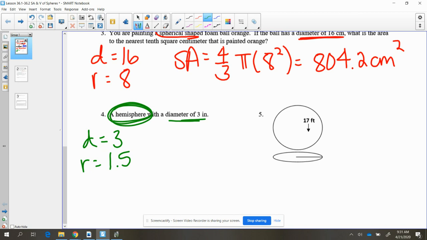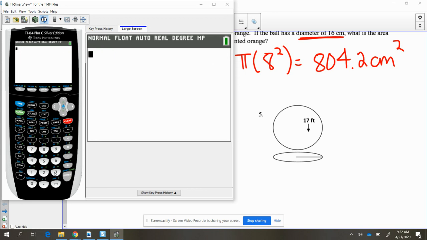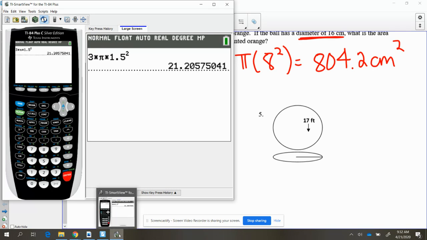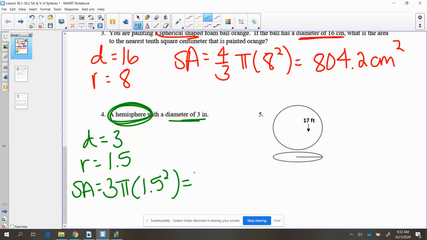And then our surface area for a hemisphere is 3 times pi times the radius squared. So type this one in, 3 times pi times our radius of 1.5 squared. We get a total of about 21.2 square inches.